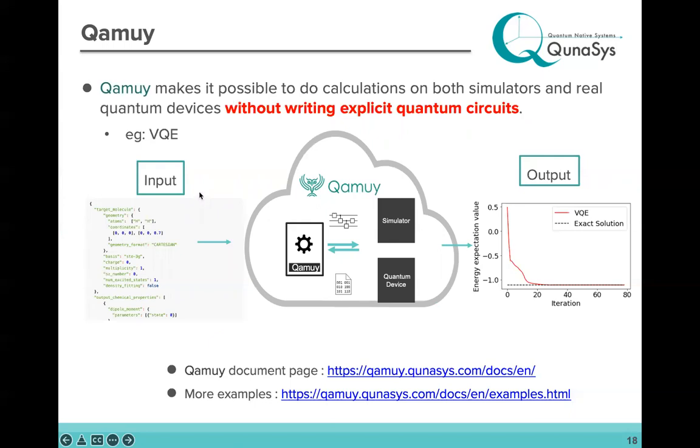So we need to define some input data like a molecule, geometry, basis, and so on. Then CAMI returns the calculation result like this. So this is a result of the VQE. As you can see, we can obtain the result without writing an explicit quantum circuit. You can see more detail about CAMI in this document page and more examples from this page.